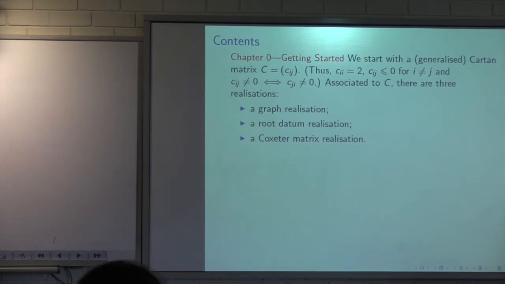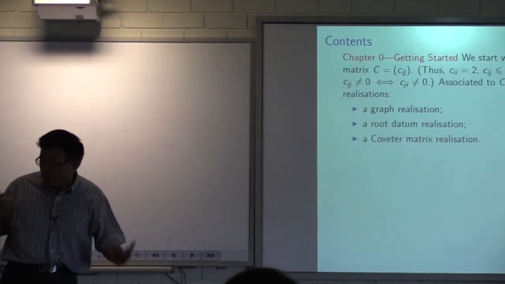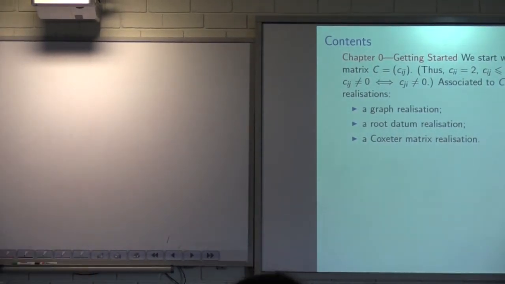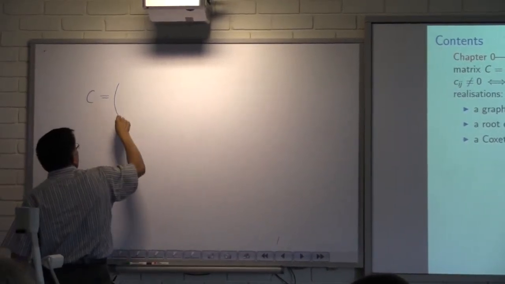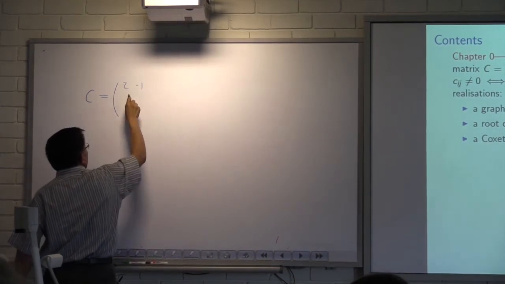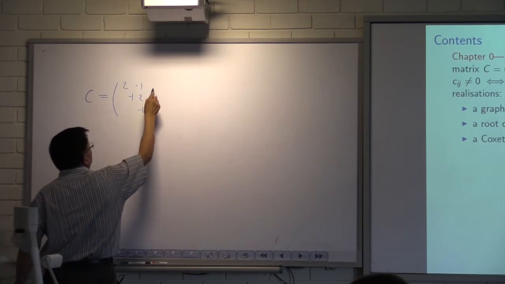Then, associated to C, there are three realizations mentioned in chapter 0. For example, I can give you one example where C is this matrix: 2, -1, 0; -1, 2, -1; 0, -1, 2.